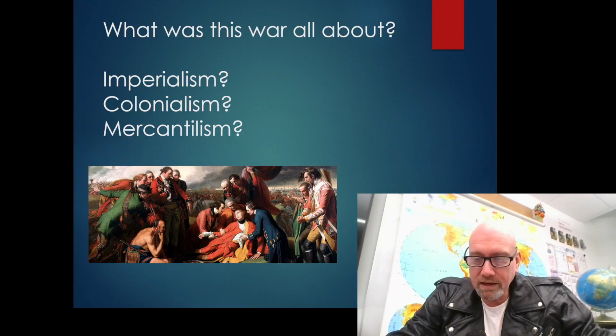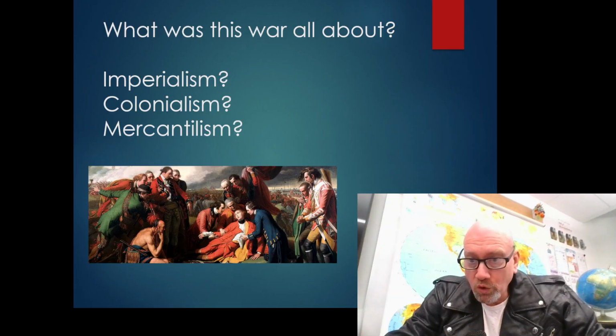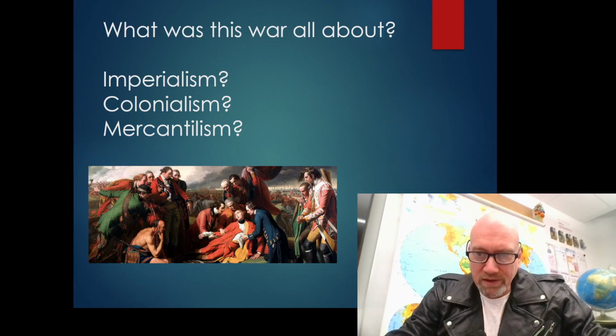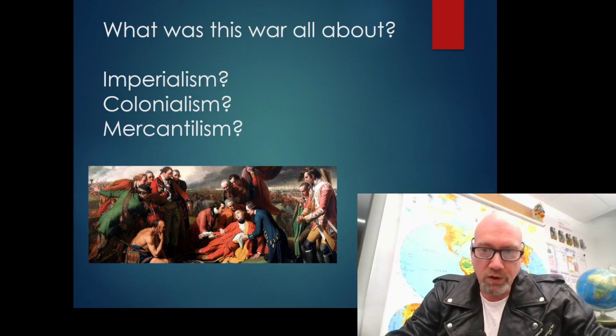And they needed more colonies for the purpose of trade and economics from the economic theory of mercantilism. So France and Britain were colliding with each other, having wars and conflicts over these issues. Imperialism, they both wanted to grow their empires, they both wanted more land. Colonialism, they both wanted more colonies. And mercantilism, they both wanted to grow the wealth of their empires.